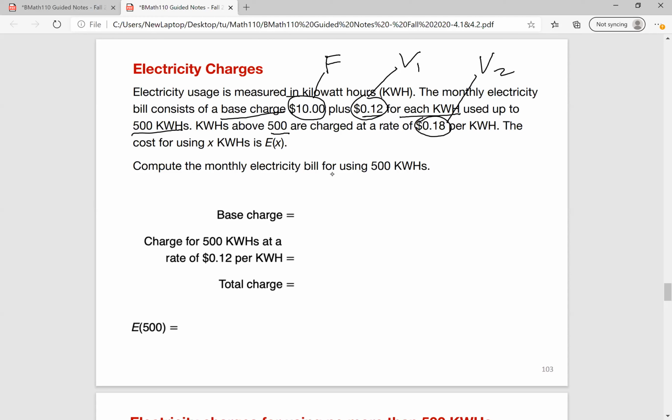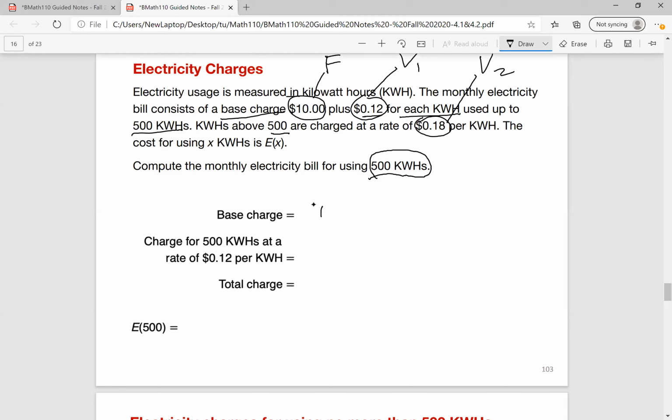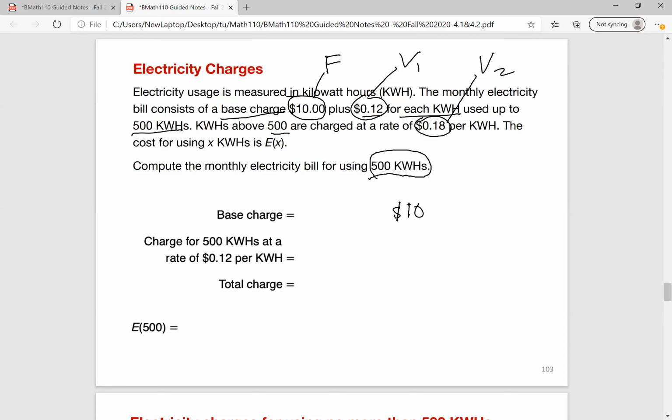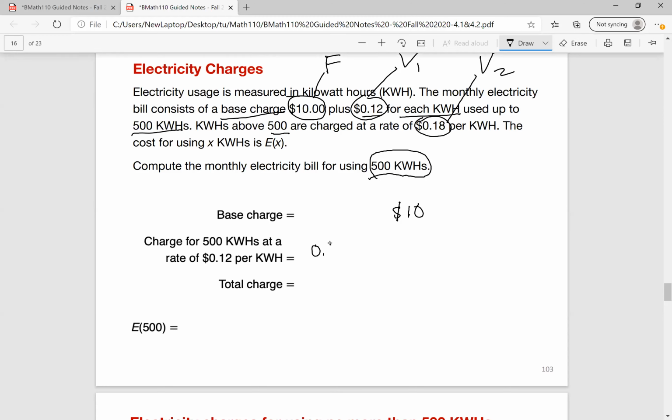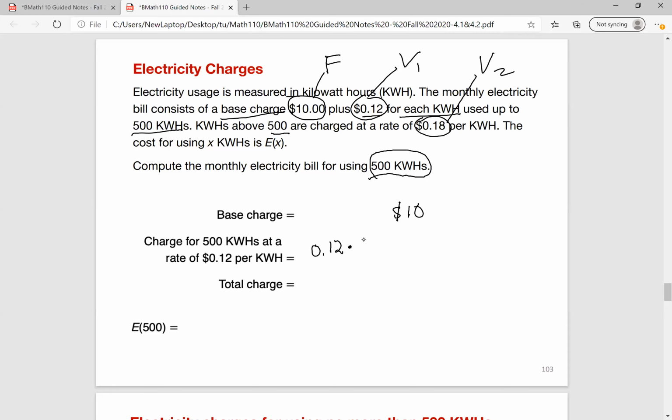Firstly we're going to find the cost for 500 kilowatts. So the base charge will be what? $10, easily. Actually, I'm going to write it over here. $10. And now the charge for 500 kilowatts at a rate of 0.12. So I'm going to set 0.12 and multiply with 500. So what am I going to have? Use a calculator, you should have $60.